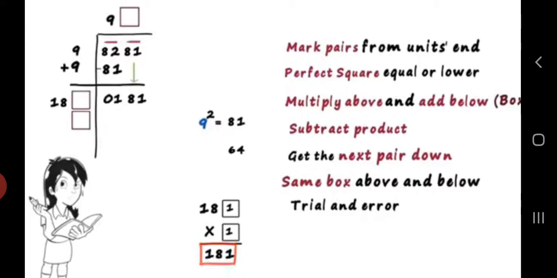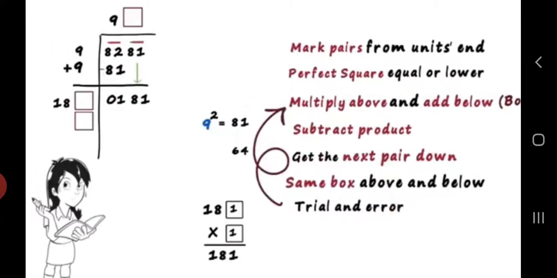So we shall write 1 on both the boxes and again get back to the third step, multiply above and below.